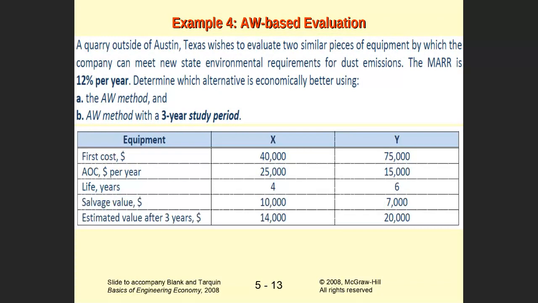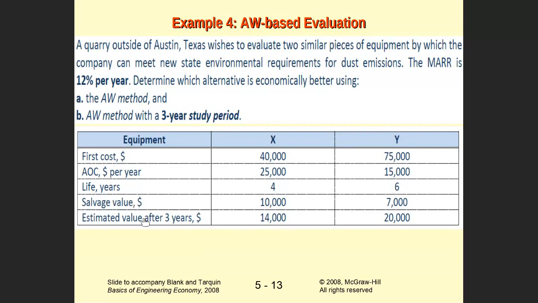So in this case, if you are going to solve part B, you use the salvage for the 3 years, and you don't use the salvage value for the 4 years or for the 6 years for alternative 1. But if you are going to conduct the annual worth method without the study period, you will solve X for 4 years and Y for 6 years, then you use only the salvage value for the whole period.